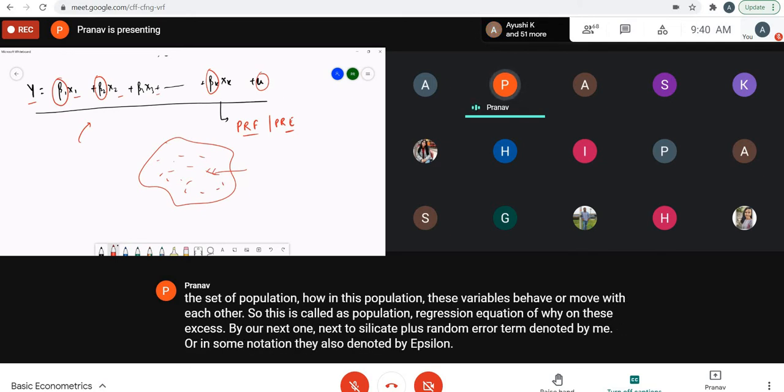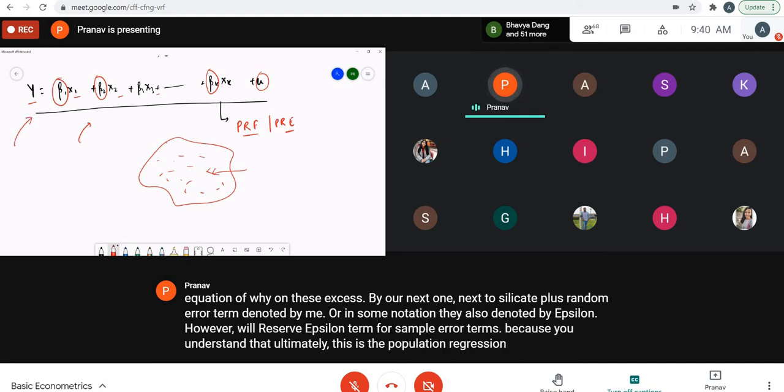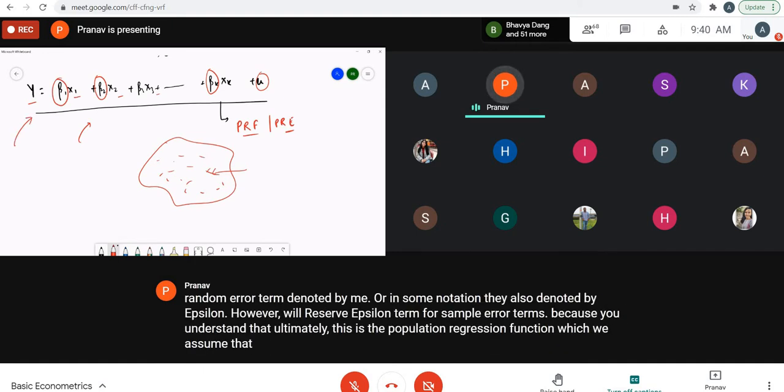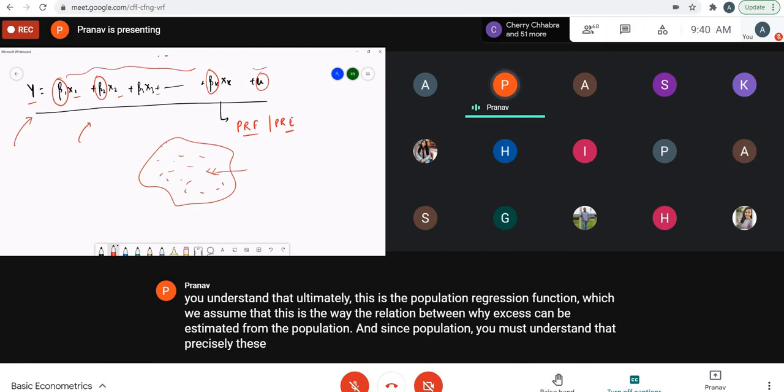However, we'll reserve the epsilon term for sample error terms. Because ultimately, if this is a population regression function, which we assume is the way the relation between y and x's can be estimated from the population, you must understand that both these terms are unknown.